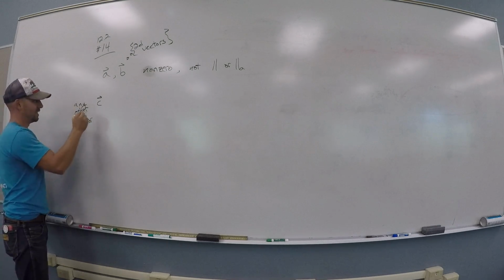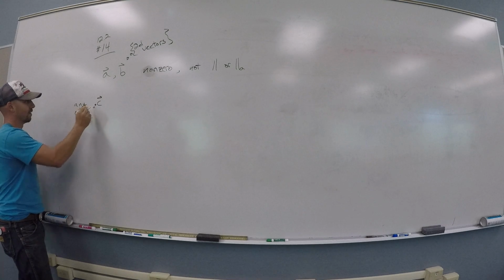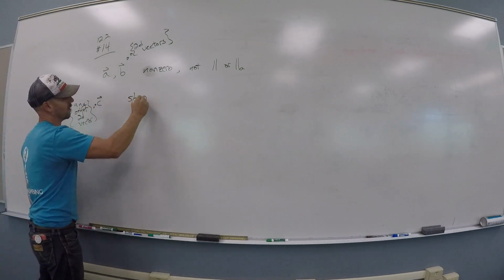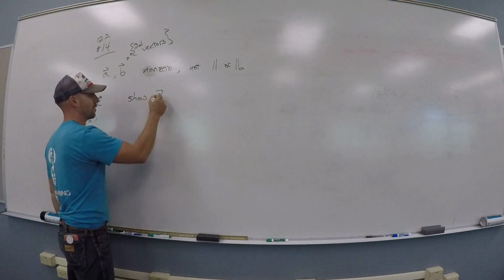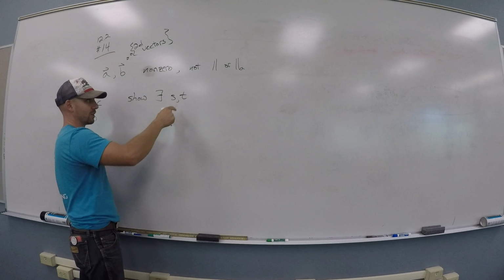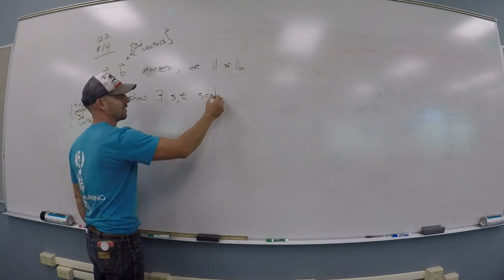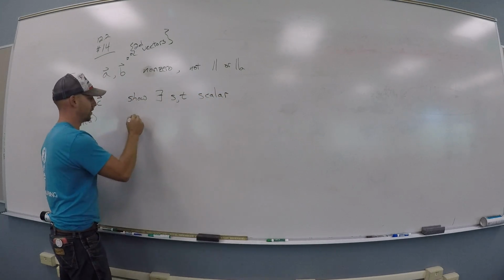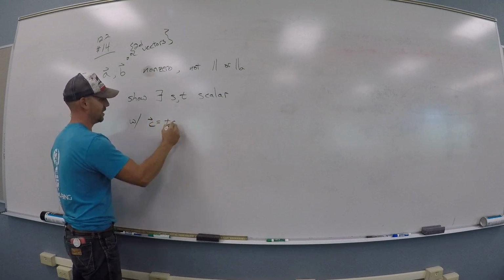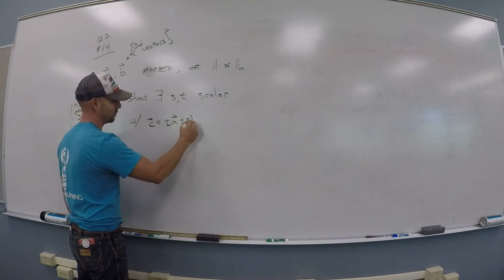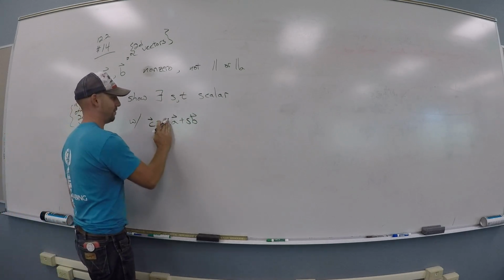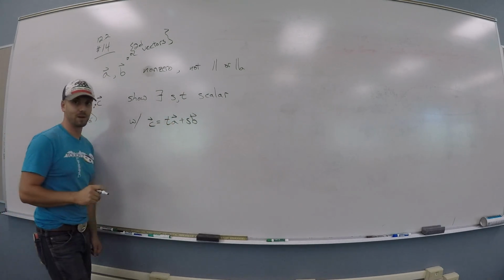And then you're trying to prove that there are scalars S and T such that they have a formula. So I'm supposed to show that there exist S and T scalars with, let me guess, C is TA plus SB. They switched them, but it's the same thing.